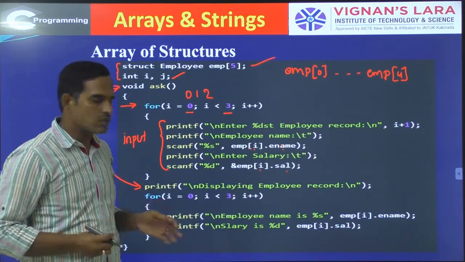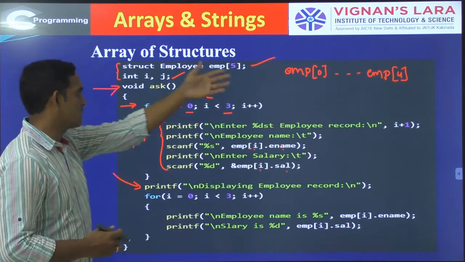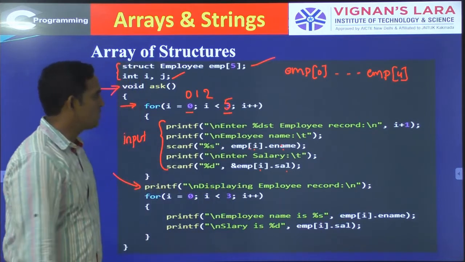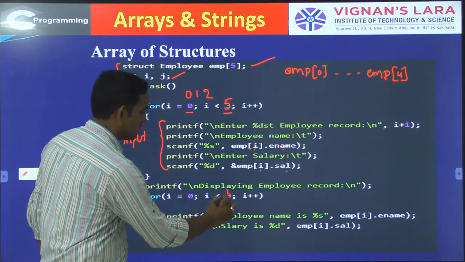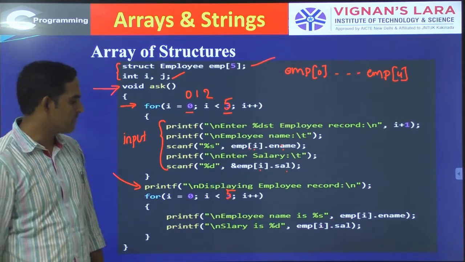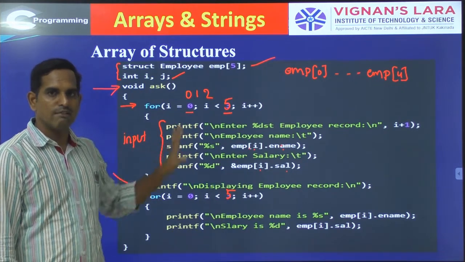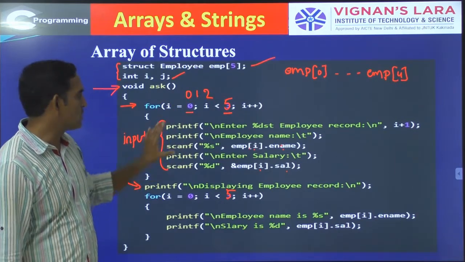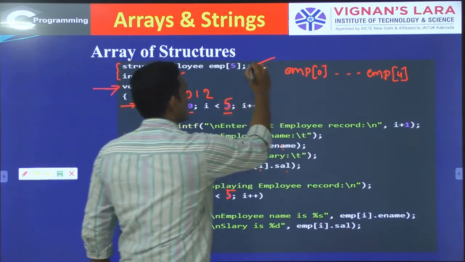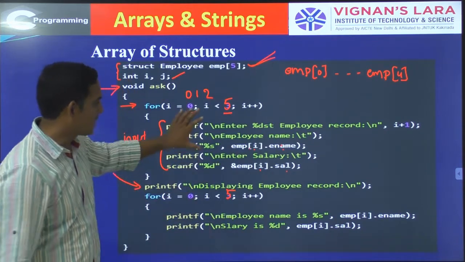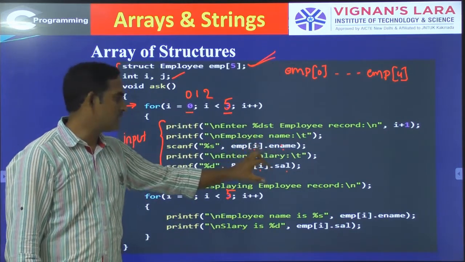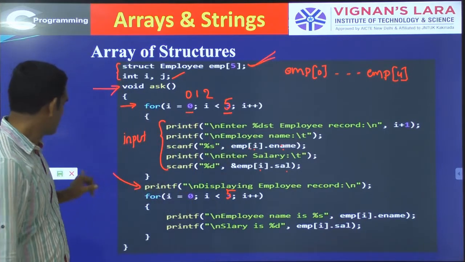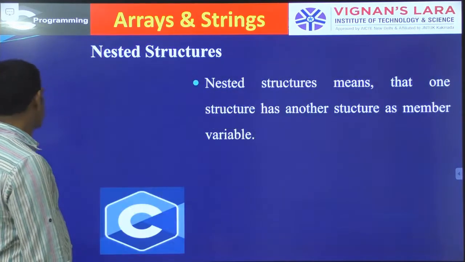If I want all the 5 employees, I can use for i equal to 0, i less than 5, so that I will be using all the 5 employees that are declared here. This is how you can create an array of structures and access them by using the dot operator with the name of the particular element. So this is about array of structures.